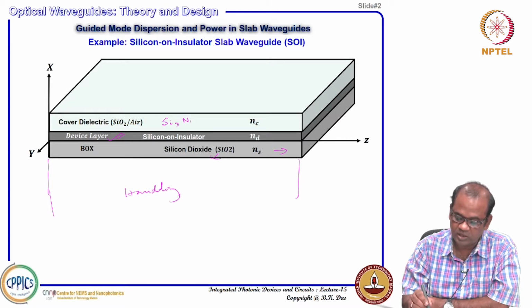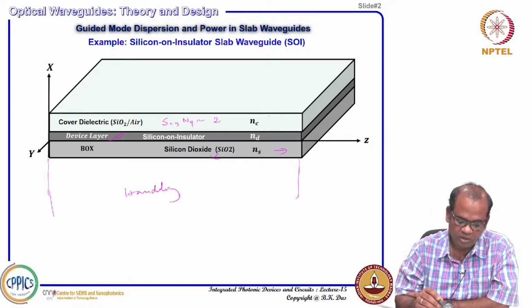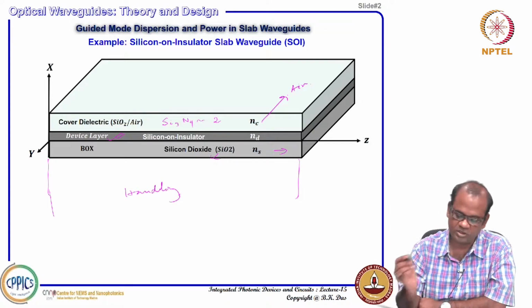Sometimes people also use Si3N4, which has a refractive index lower than silicon, approximately 2. For our discussion, most of the time we will be considering this as air, but only the refractive index difference matters.